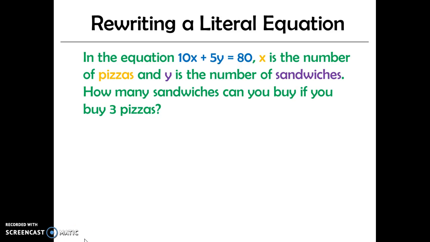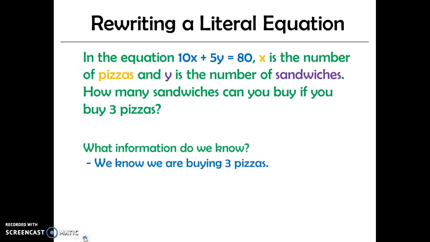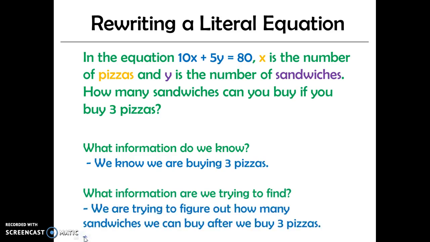So first thing we've got to figure out, what information do we know? Well, besides the equation, they've told us that we are buying 3 pizzas. And then we need to figure out what information we are trying to find. We're trying to figure out how many sandwiches we can buy after we've already purchased 3 pizzas. So think about that.